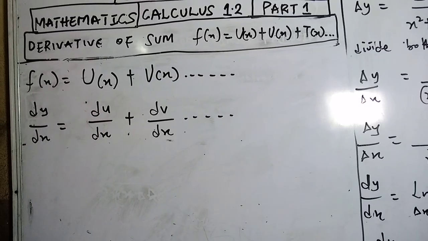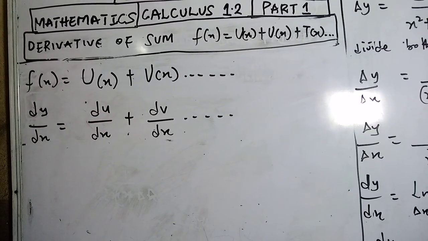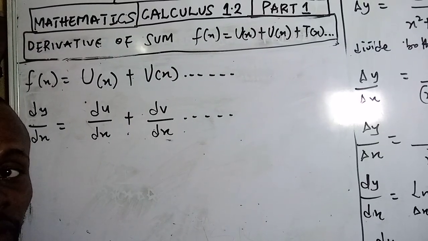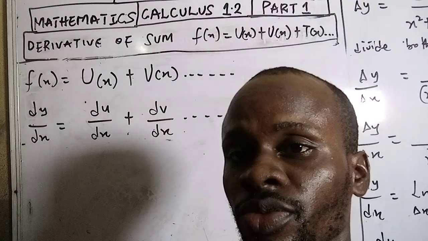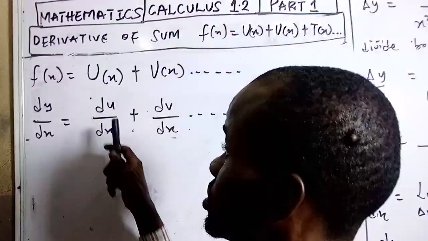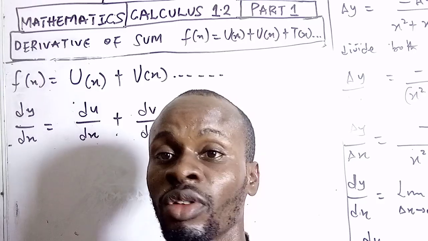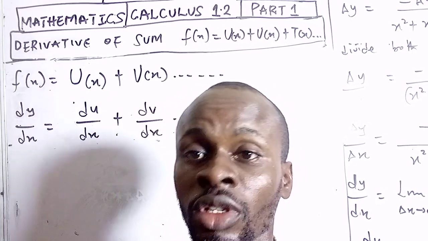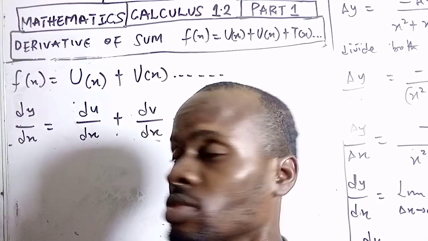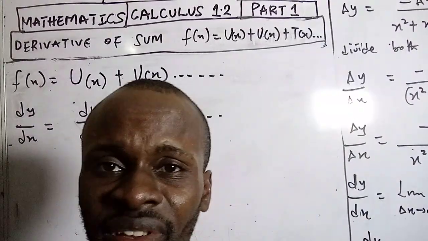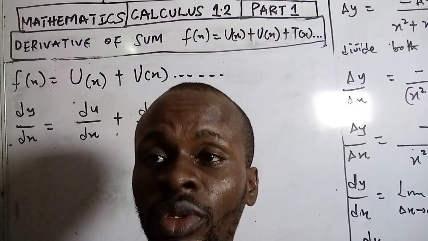Right now, let's talk about the derivative of something. Let's say you are given a function, and in that function we discover that we have a mixed-up sum or difference of expressions. Normally, you have sums for these ones. So what do you do? Very, very simple. Let's take some example very quickly on this.